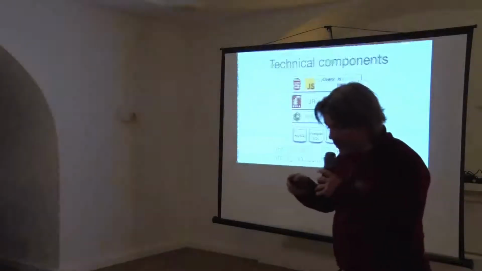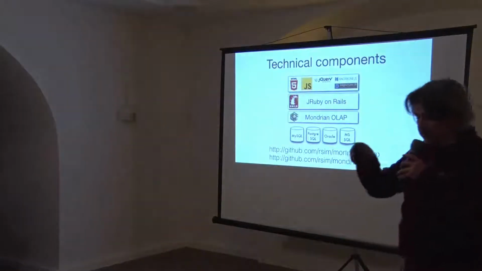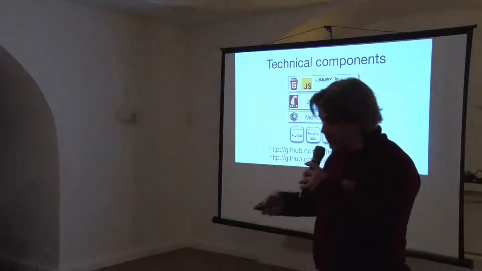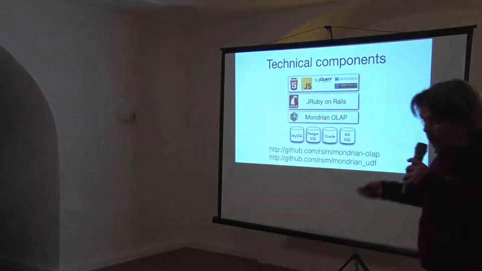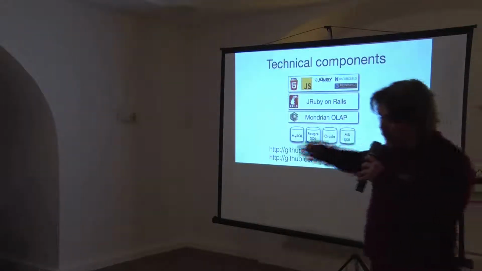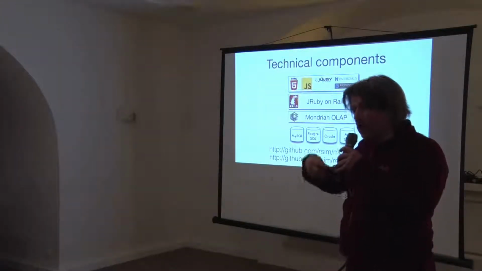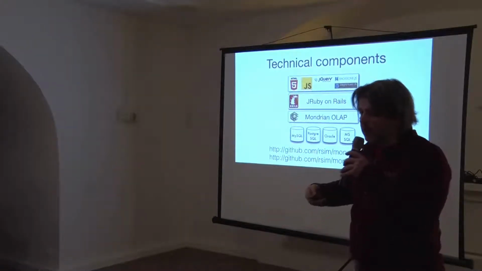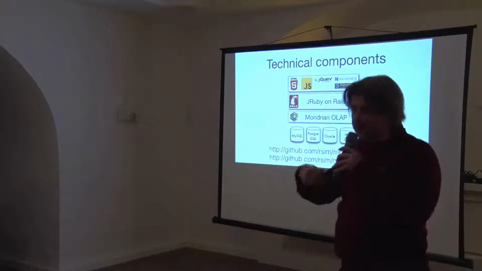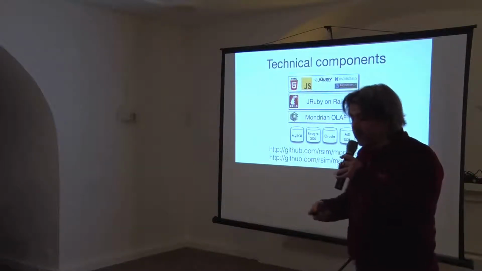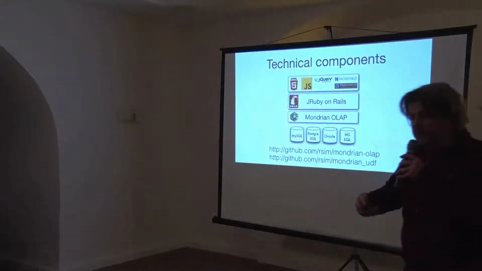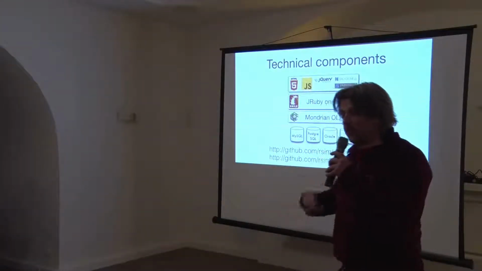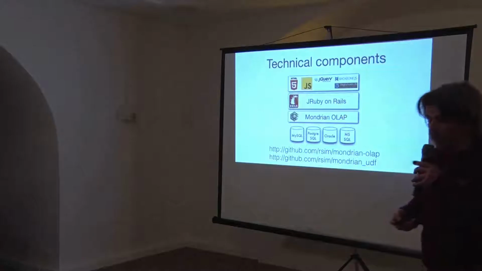So, shortly about the main technical components and how we have built it. We are building this application as a Ruby on Rails application, but using JRuby, which is a Ruby implementation on the Java virtual machine, and that allows us to embed the Mondrian OLAP engine as a Java library.